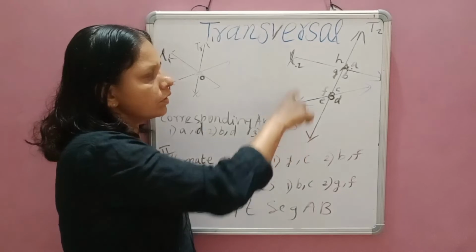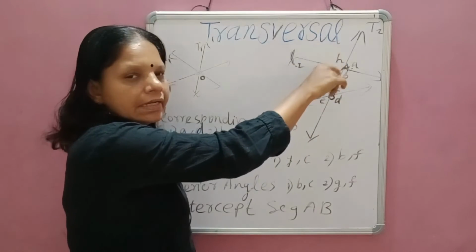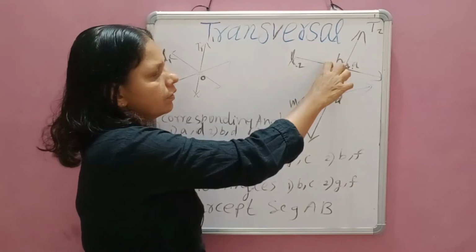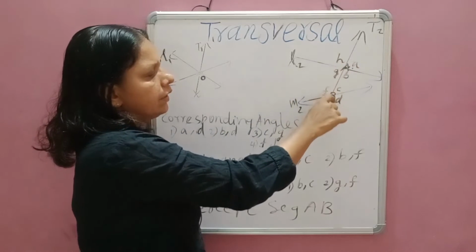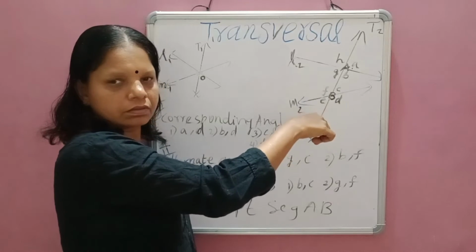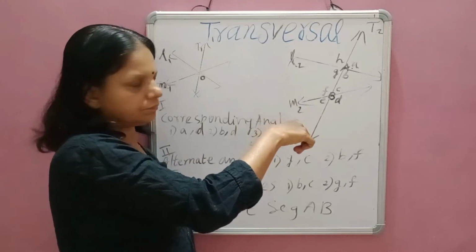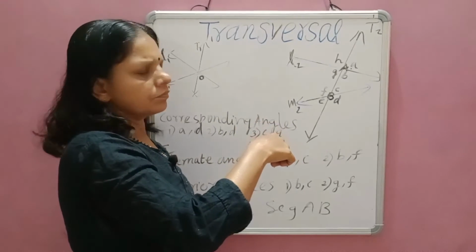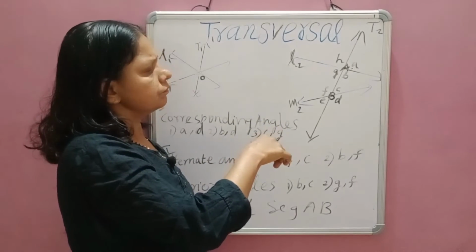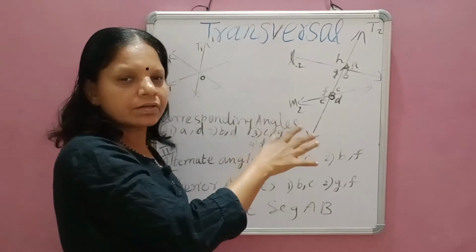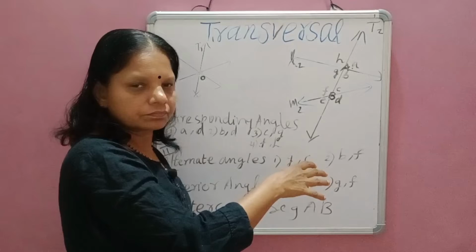So how many angles are formed? In total 8 angles are formed. At the point A, 4 angles. At the point B, 4 angles. So total 8 angles. And there are some pairs of angles.